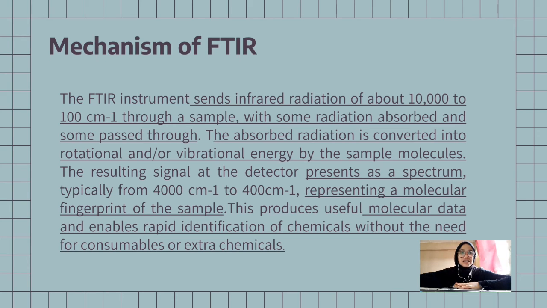The resulting signal at the detector presents as a spectrum, typically from 4,000 to 400 cm, representing a molecular fingerprint of the sample. This produces useful molecular data and enables rapid identification of chemicals without the need for consumables or extra chemicals.